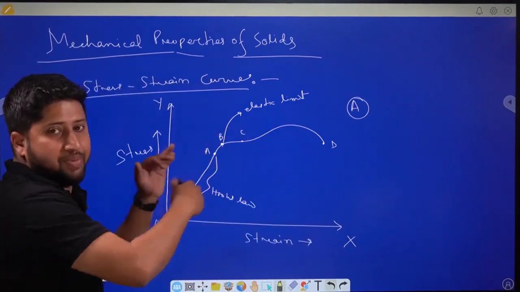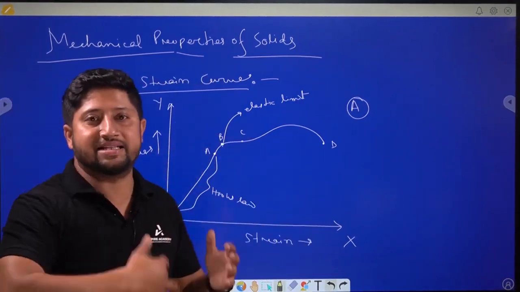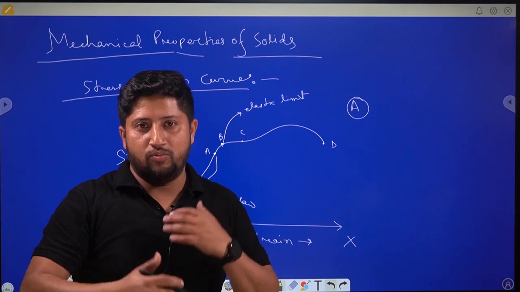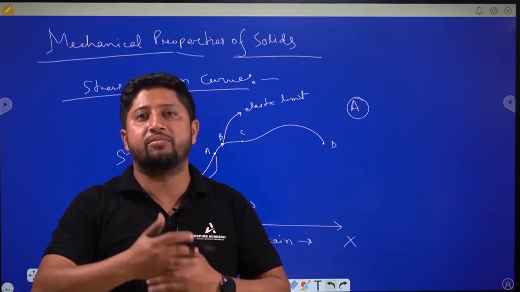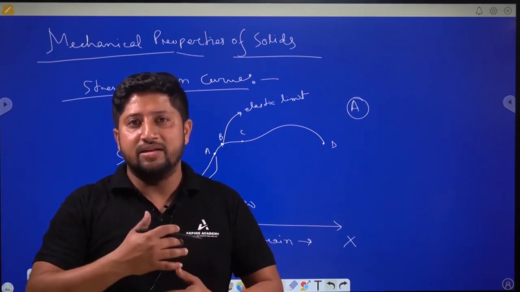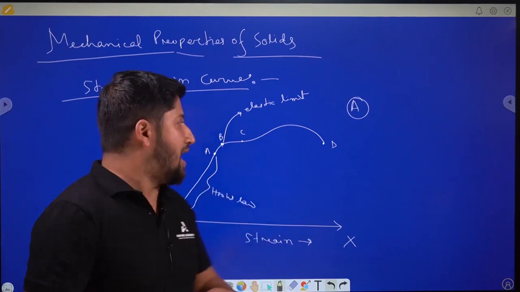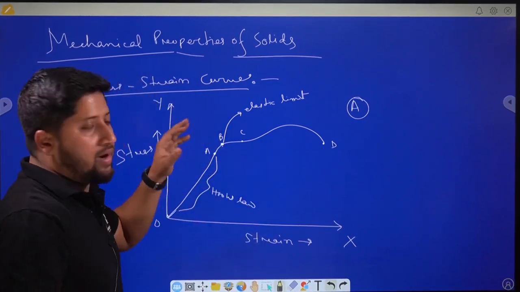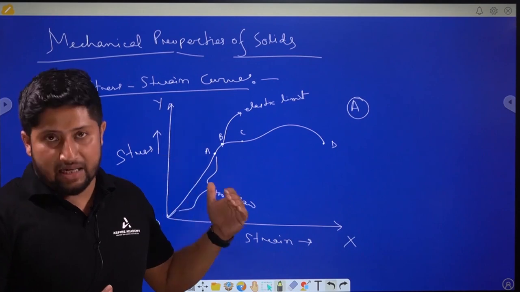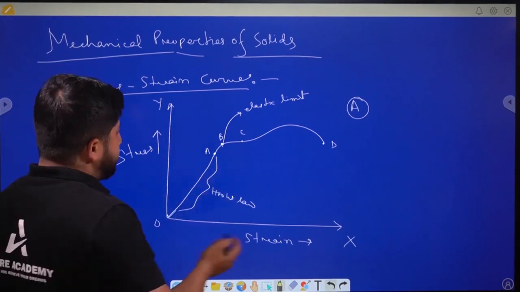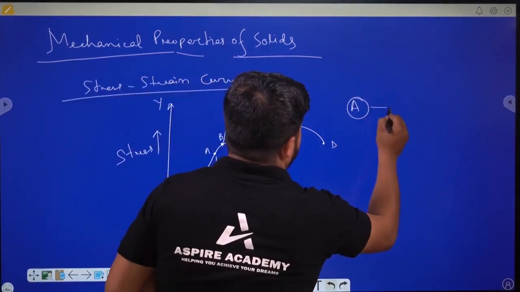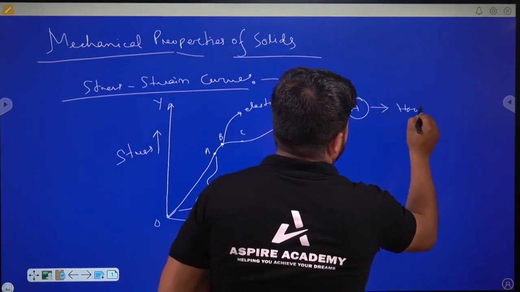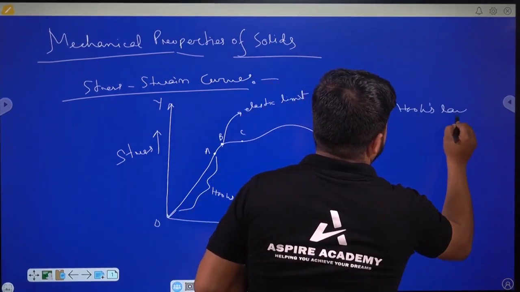Beyond point B, we do not get the elastic behavior of the wire. What is elastic behavior? Elastic behavior means stress is directly proportional to strain. After this point, we do not get the directly proportional curve. At point A, Hooke's law is obeyed.